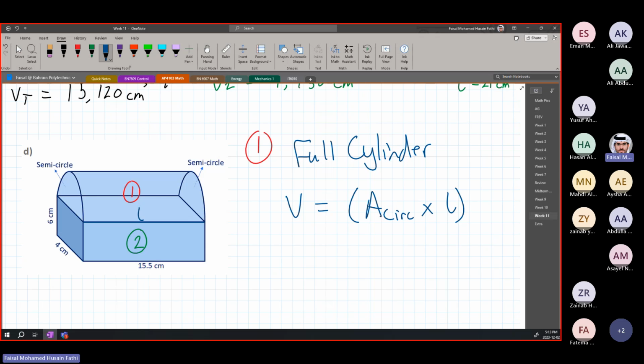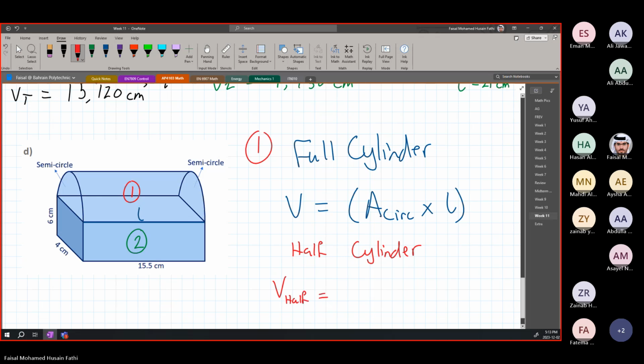In the case of a semicircle, half a cylinder, or a semicircular area, all you have to do is divide the volume by 2. That's it. The volume V half is equal to 1/2 times V full.